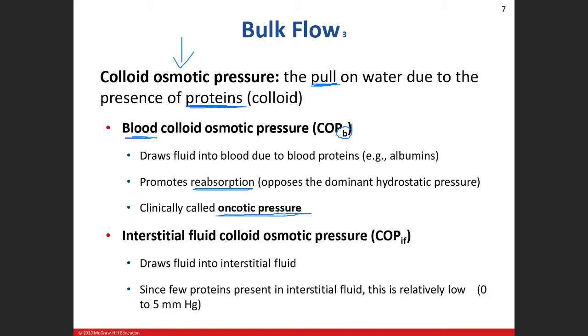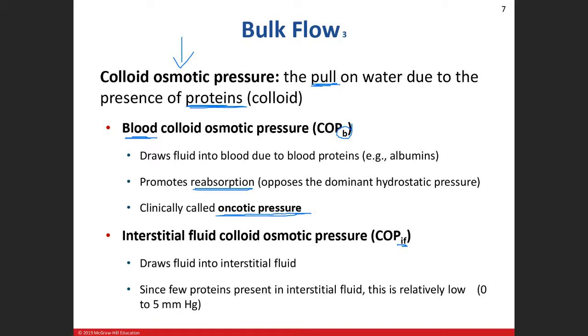The other part of the colloid osmotic pressure is our interstitial fluid colloid osmotic pressure, with the subscript of IF. So this is the proteins that are pulling the fluid out of the blood vessel into the interstitial fluid or into the tissues here.